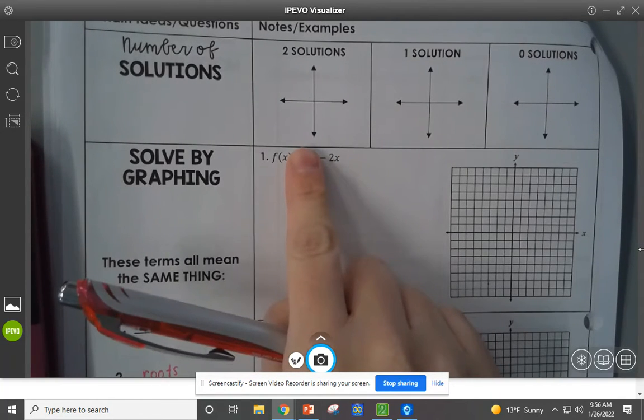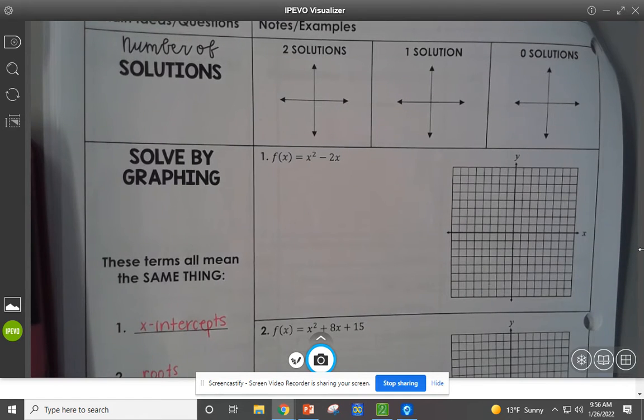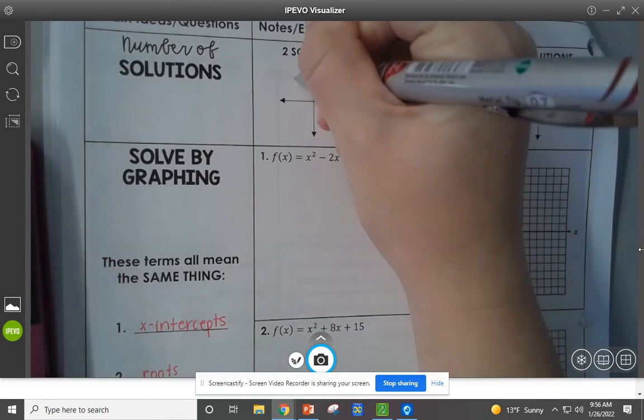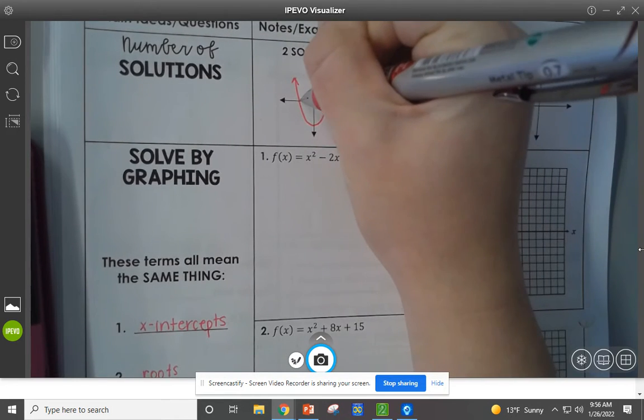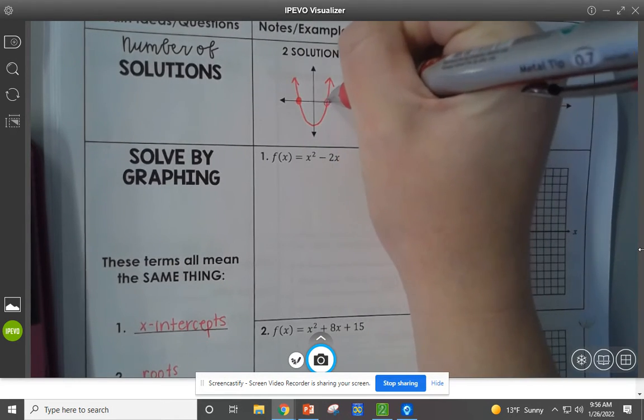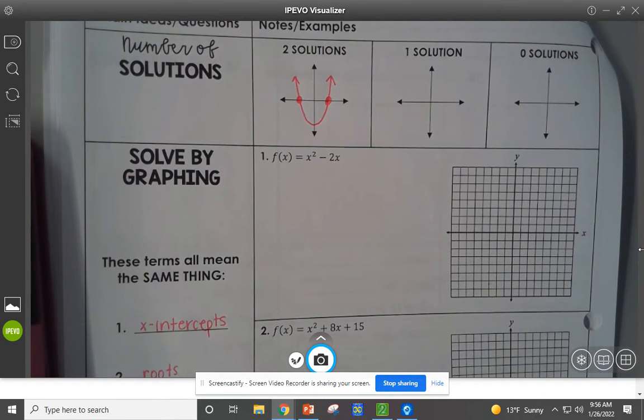So we're going to look at an example of a quadratic with 2 solutions. It could look like this, because it has 2 x-intercepts. Where I put the points, those are your x-intercepts.